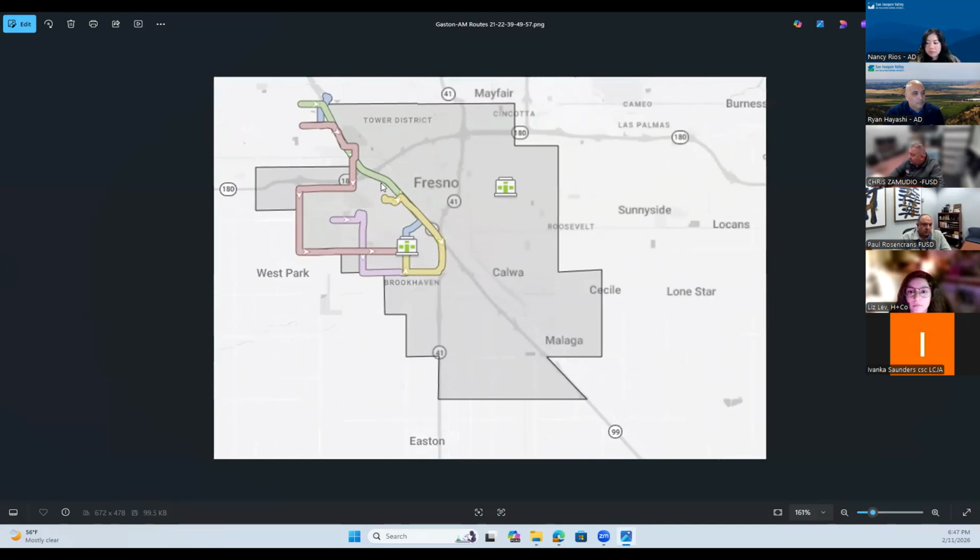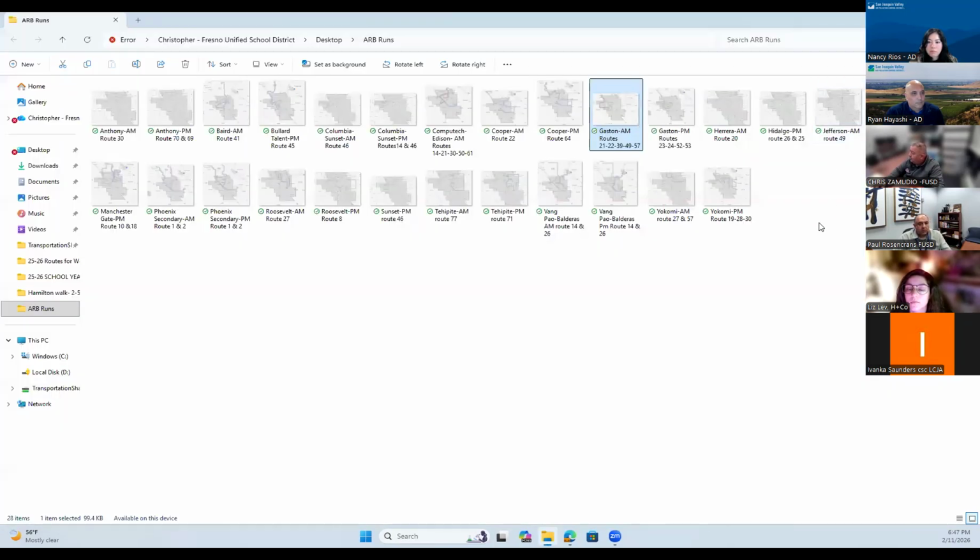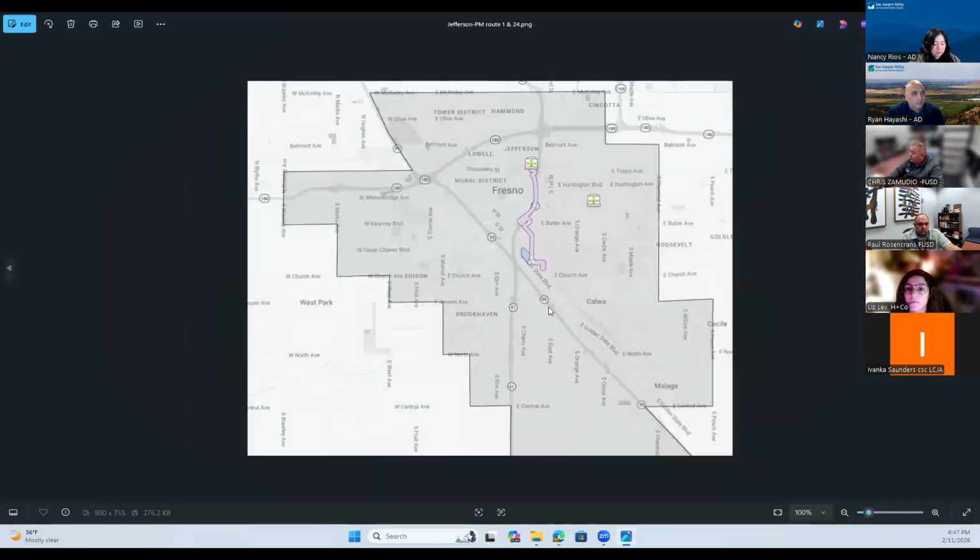So I believe we have four buses that currently serve Gaston in the AM and in the PM home to school. I'm gonna walk you through a couple more. We have, let's see, Jefferson as well, another elementary.